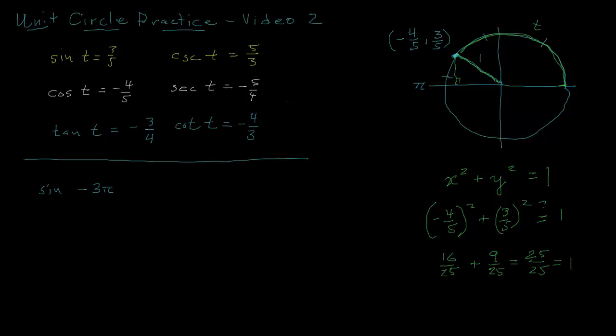Okay, well, negative 3 pi is not on the unit circle. But remember in the first set of problems, if we can come up with a coterminal angle for negative 3 pi that is between 0 and 2 pi on the unit circle, then we can evaluate that.